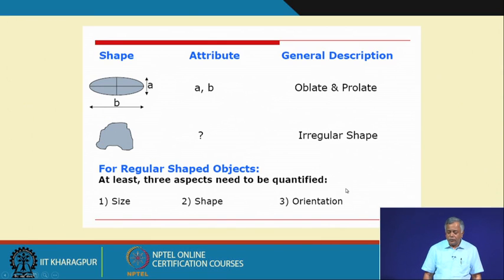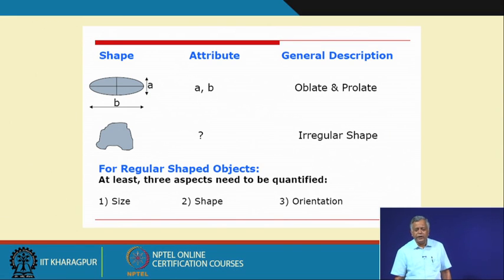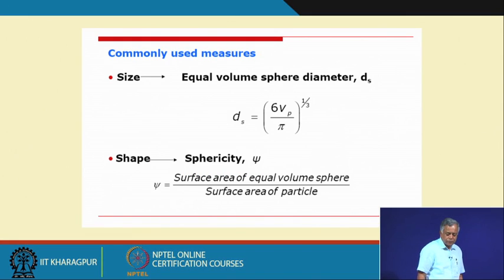Although, if we look at textbooks, there are various definitions given for defining shape, but the most commonly used measure is that you first calculate the equal volume sphere diameter of that particle. When we talk about size, we will elaborate more on this.